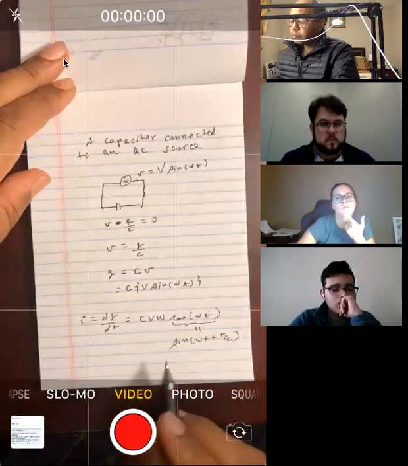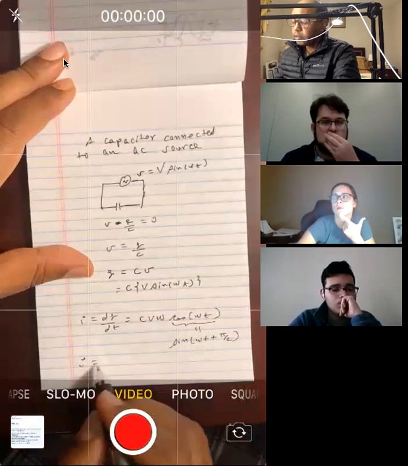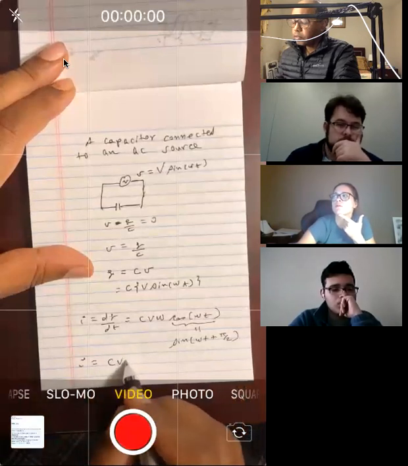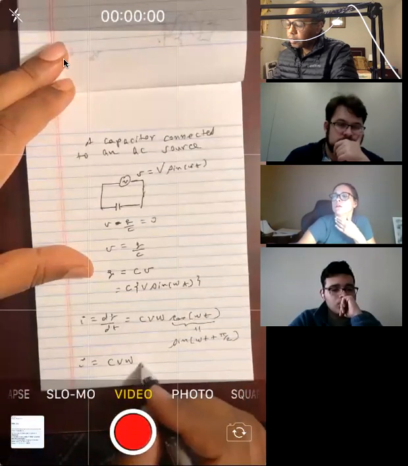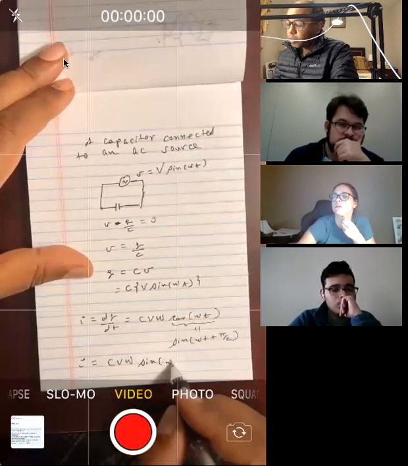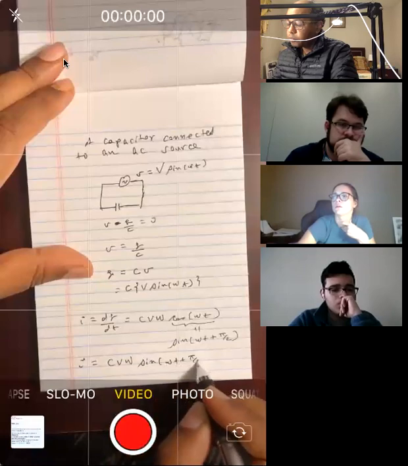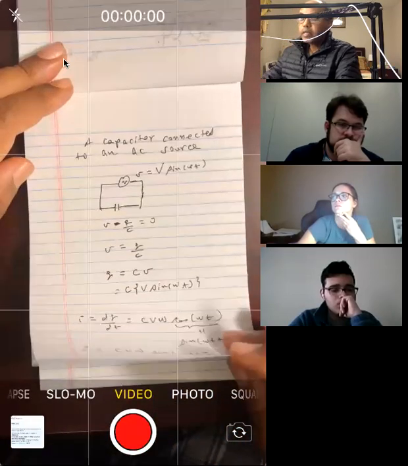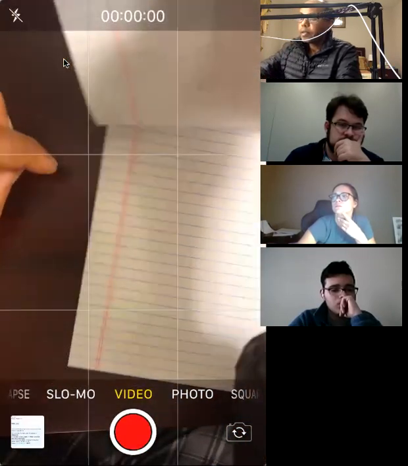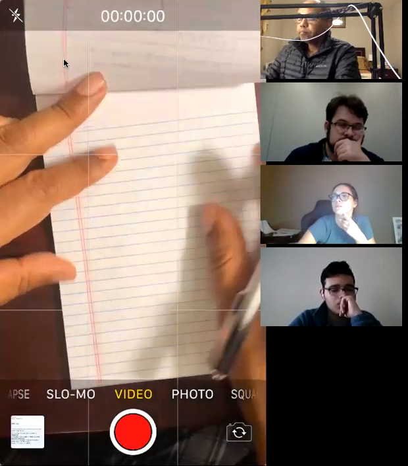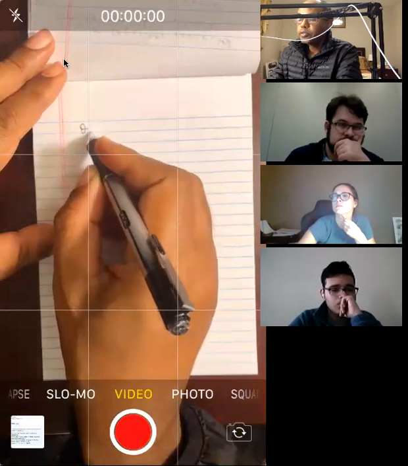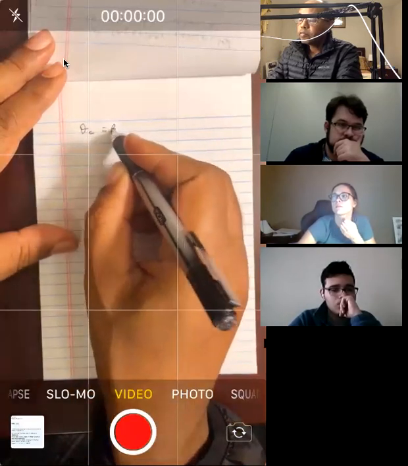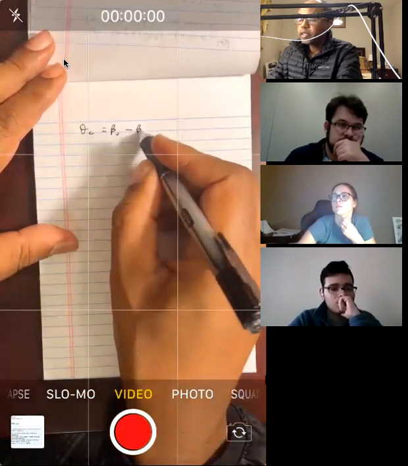So this is the current: current equals C V omega sine omega t plus pi over 2. The phase shift for a capacitor would be the phase angle of the voltage minus the phase angle of the current.